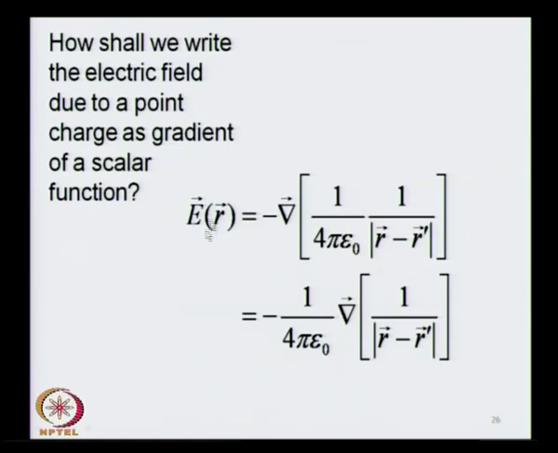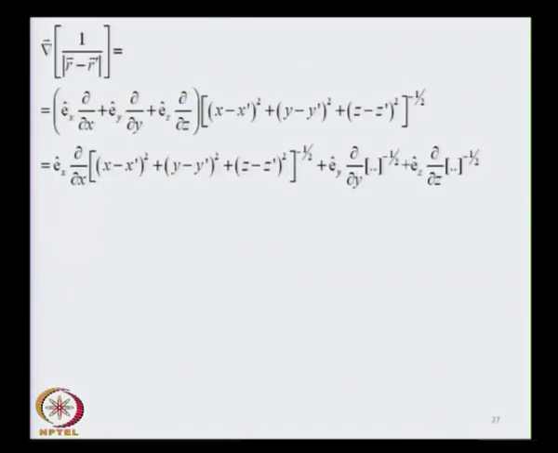So, this is the field that we want to express, electric intensity, and this is expressed as gradient of this 1 over distance potential, which is the Coulomb potential. So, let us get this gradient explicitly.